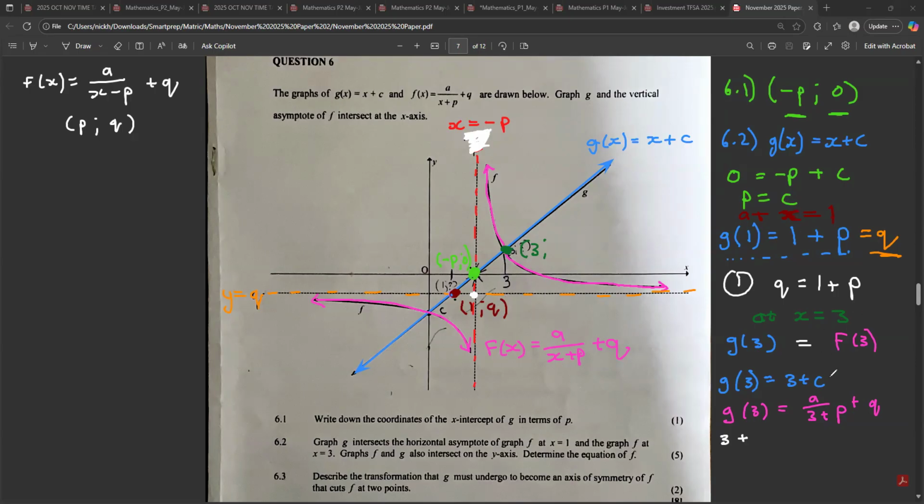So I'm just going to say which equals 3 plus p. Are you happy? Because over here, p is equal to c. Therefore, 3 plus p is equal to a over 3 plus p plus q.